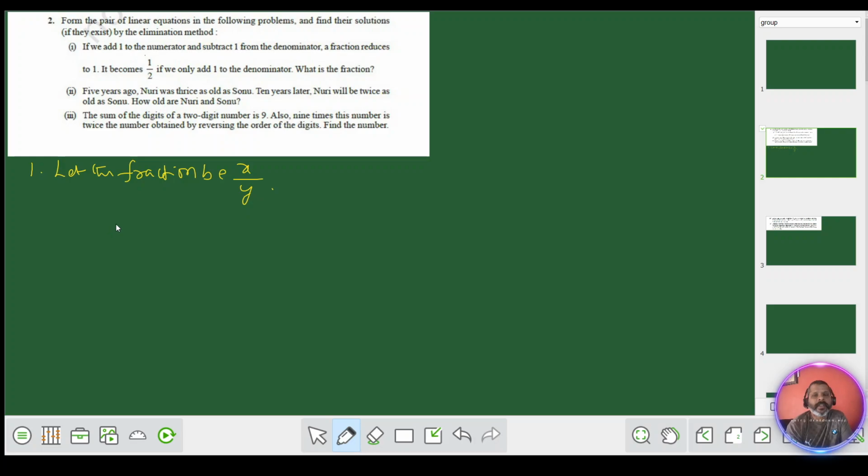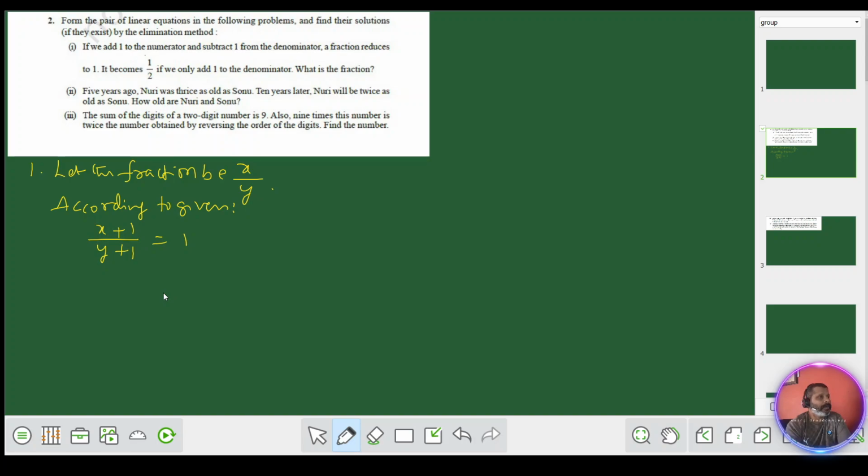The first part is we have to add 1 to the numerator and 1 to the denominator. The fraction reduces to 1. So according to given, we'll write x plus 1 by y plus 1 is equal to 1. Right? The fraction reduces to 1.